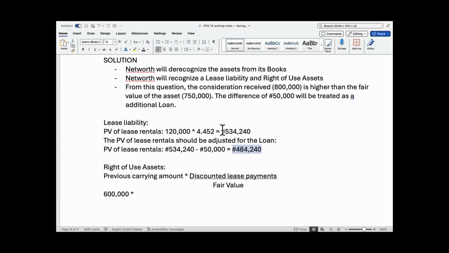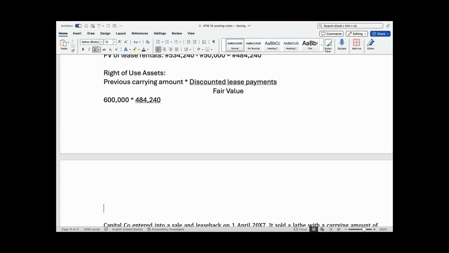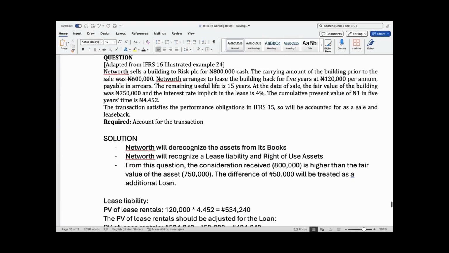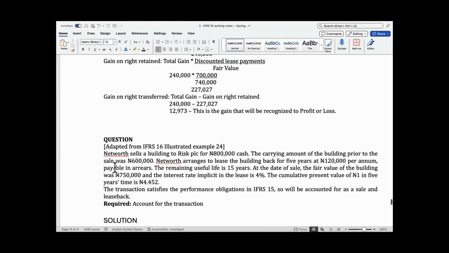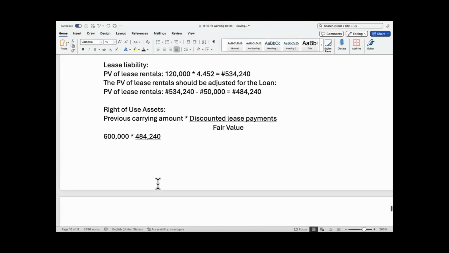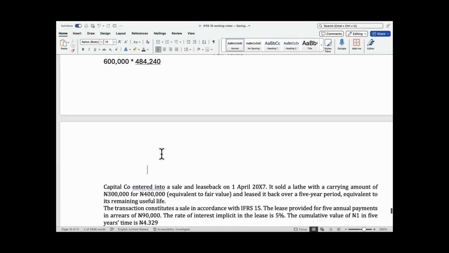The discounted lease payment is this 484. A lot of people will use the other figure, but that one has the loan element there. So it will be 484,240 divided by the fair value of these assets, and the fair value of these assets is 750,000.